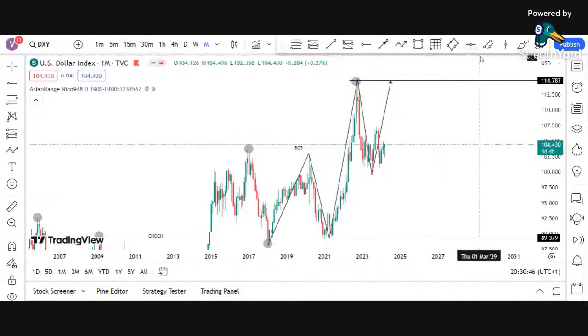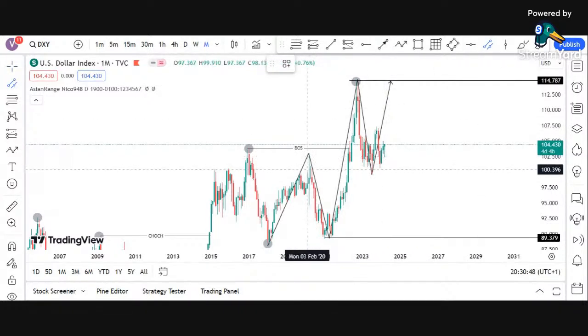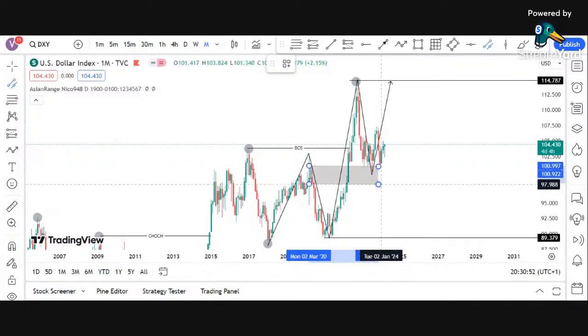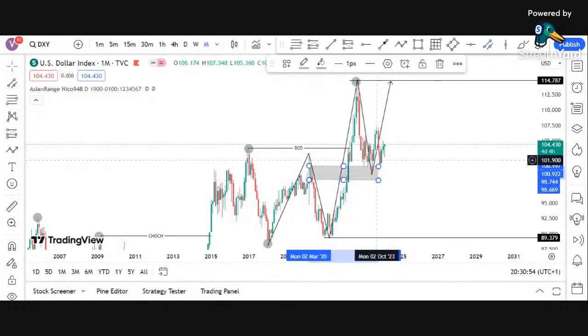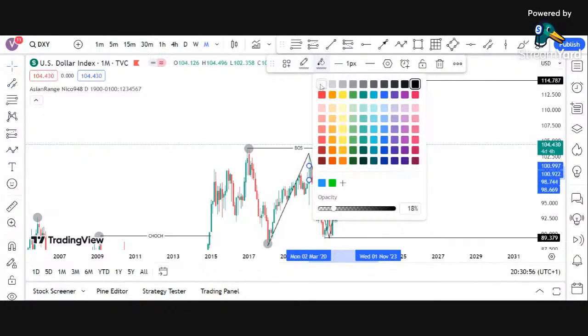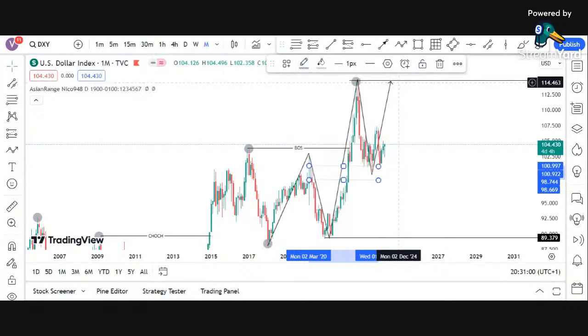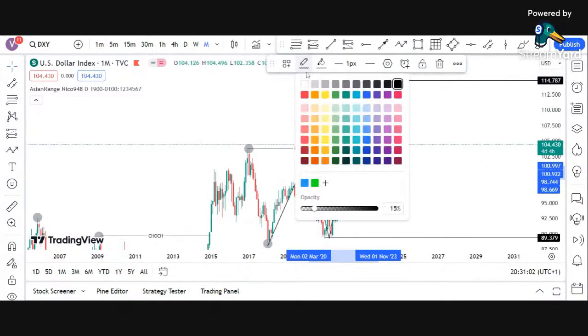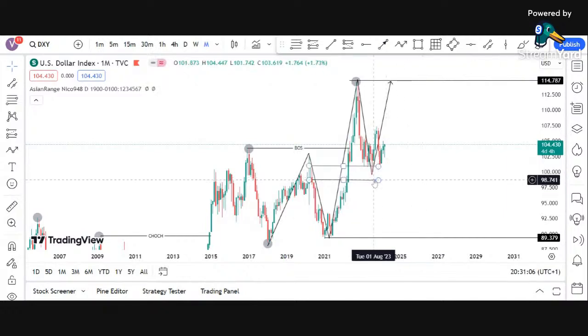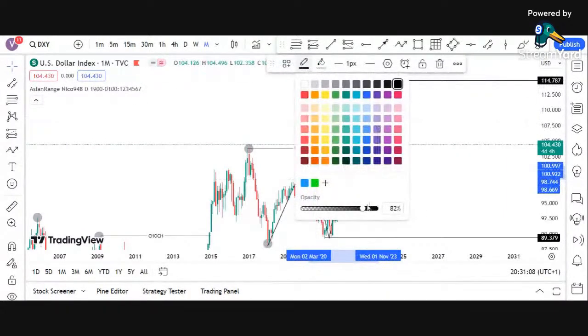Let me just use this to represent it so that my chart will not be that classy. Let me remove all this white, and let me edit this very well.